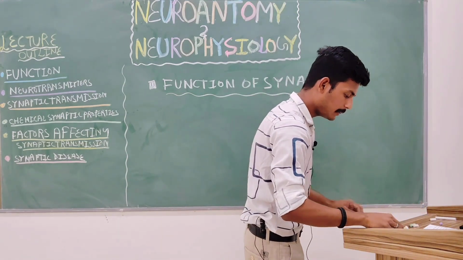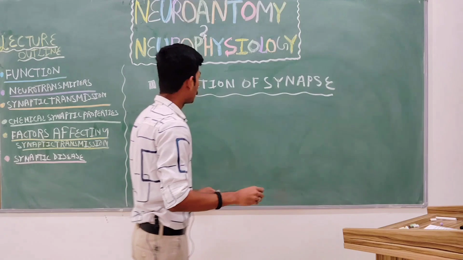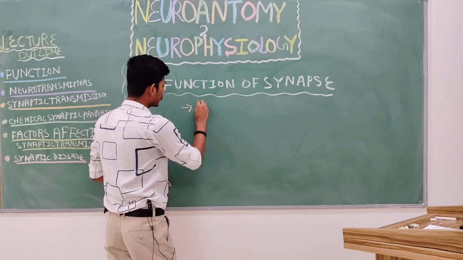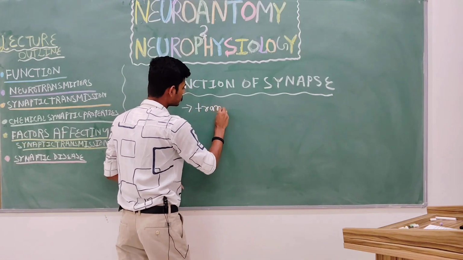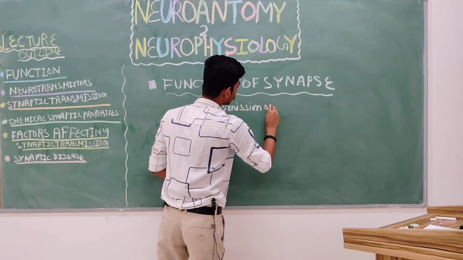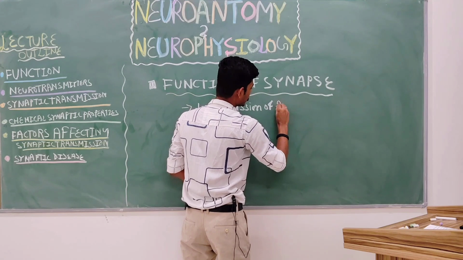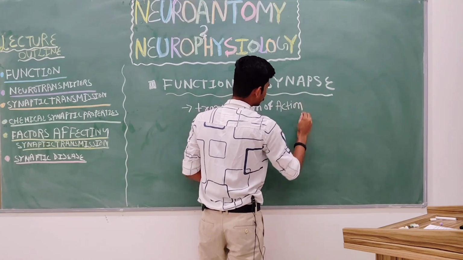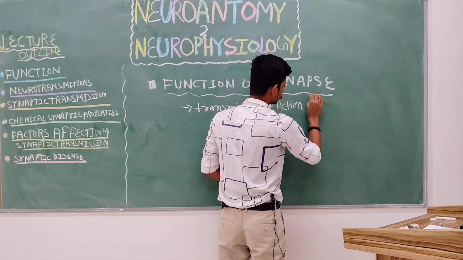So the main function is transmission of action potential. Write it down: the main function of synapse is transmission of action potential. Action potential is the message.